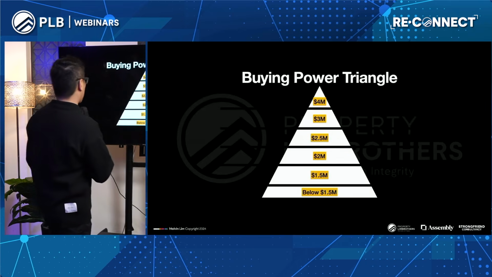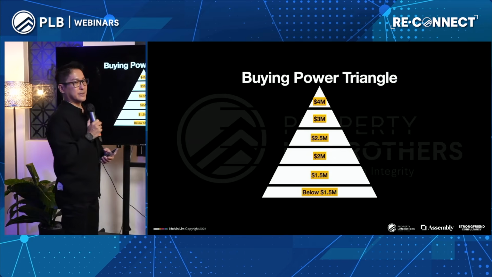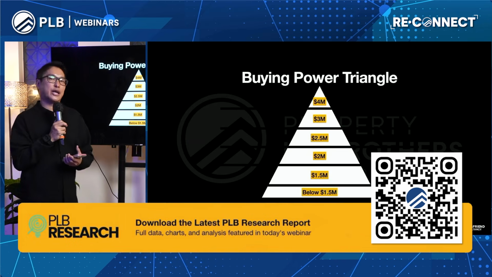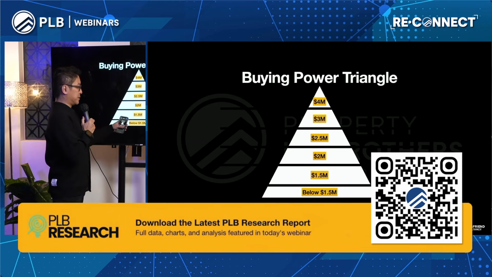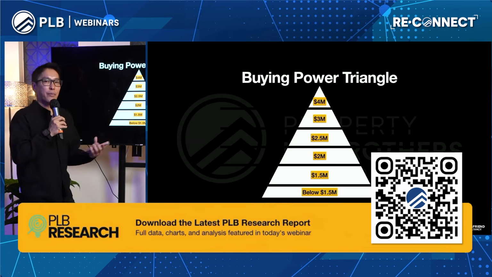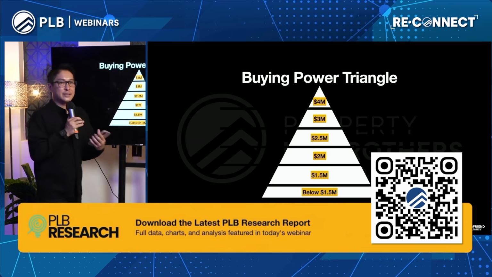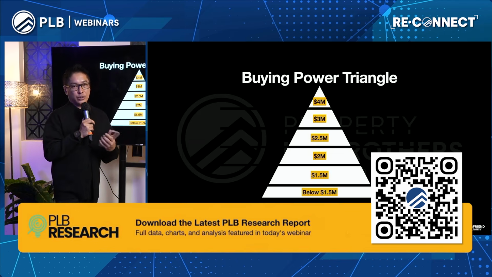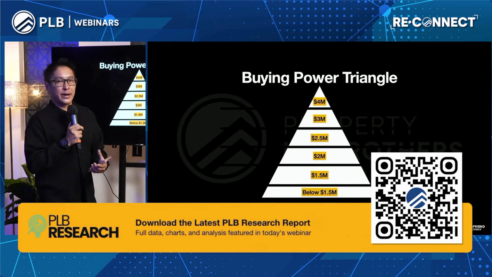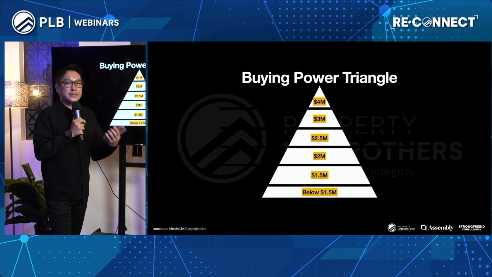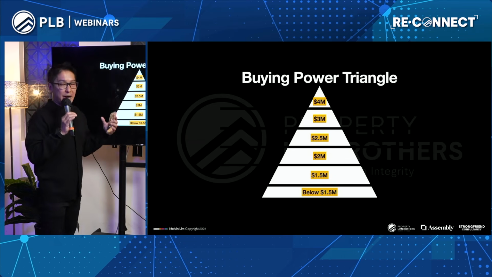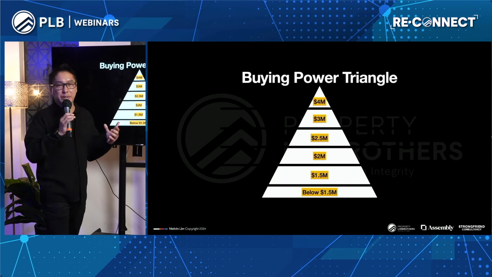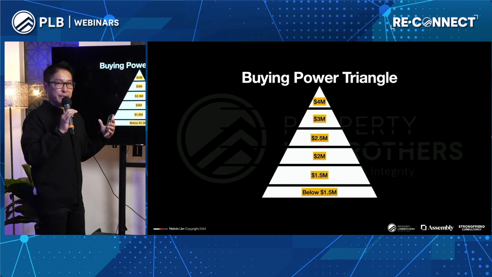Okay, and of course, we also talk about the type of property that buyers can actually buy. The lower the price, of course, there are more buyers. As you go higher, this is very important. If you're buying a condominium that is more than 3 million in the OCR or RCR region, the pool of buyers willing to buy a 5-bedroom condominium of more than 3 million will definitely shrink.